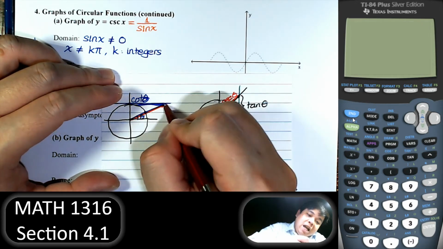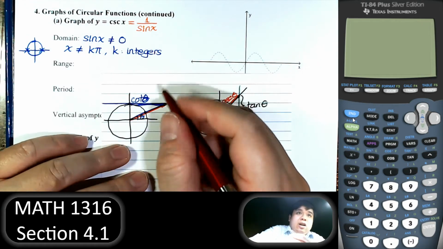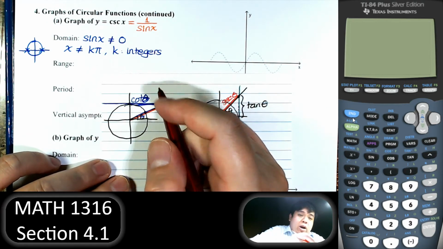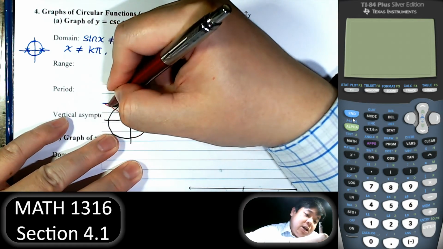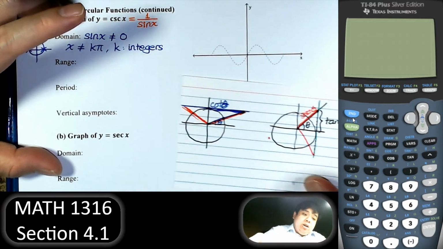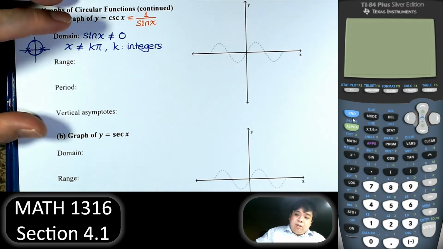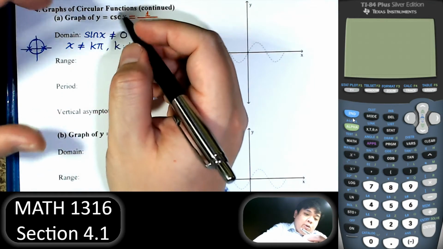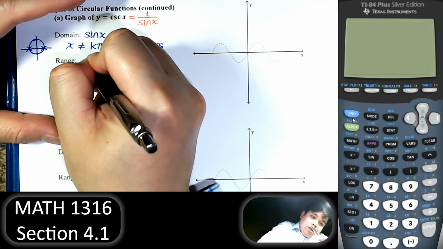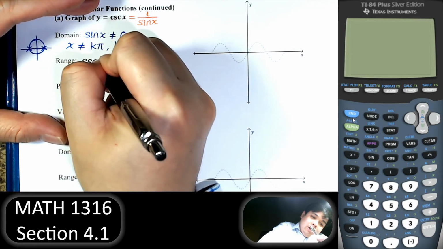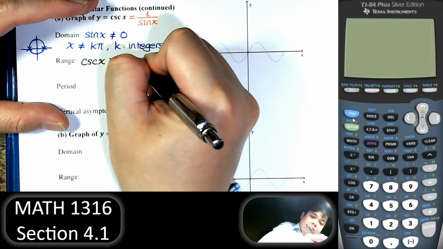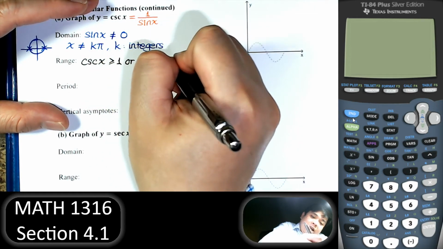Once again, this is outside of the circle, so it has to be more than 1. Or it can be this side as well. Could be less than -1. So the range for secant, for cosecant, is outside of 1. So I will say cosecant of x is greater than or equal to 1, or cosecant of x is less than or equal to -1.